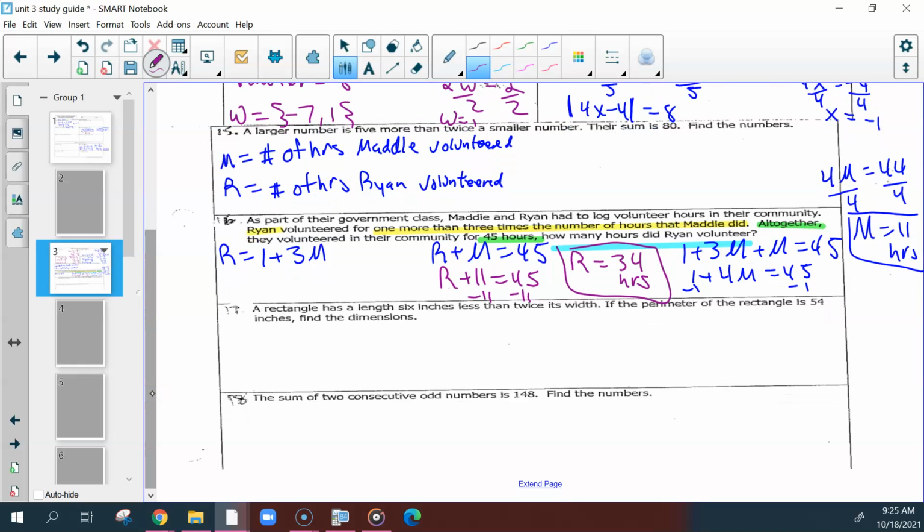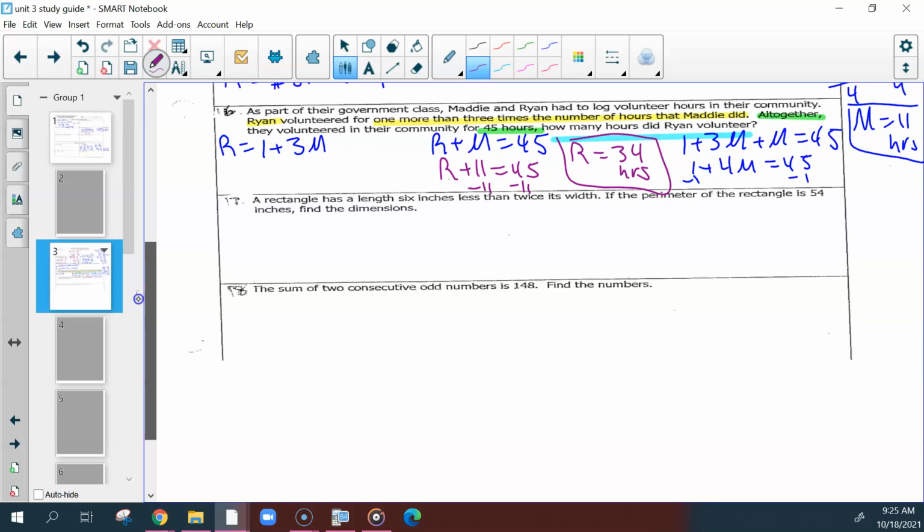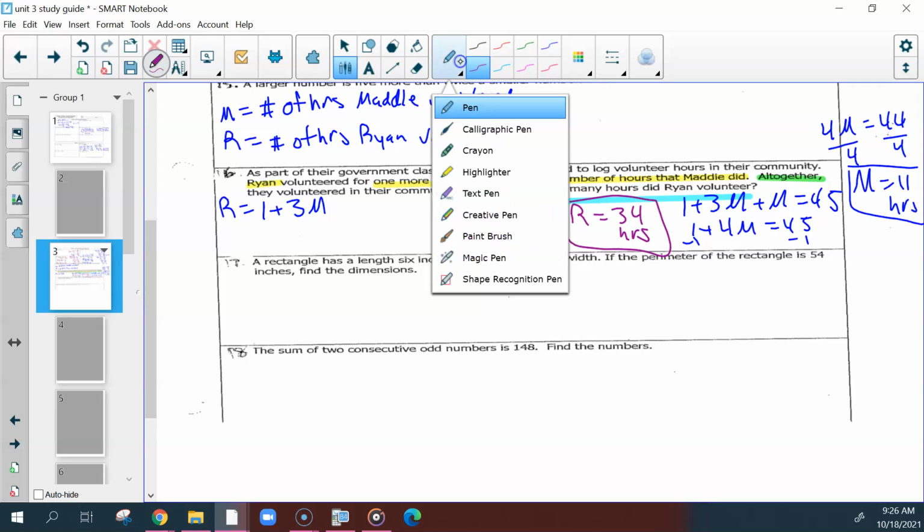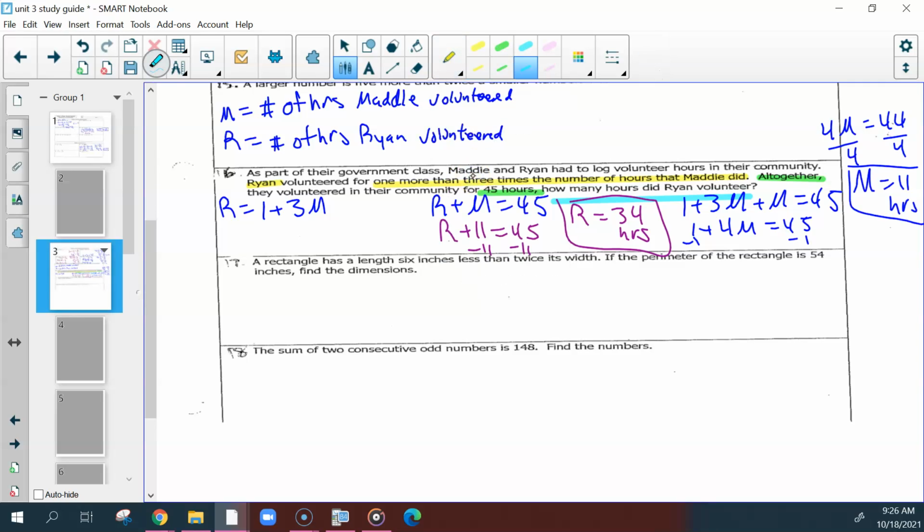And then number 17, remember the setup is kind of similar. We don't have to define our variables because it's just going to be L and W. A rectangle has a length of 6 inches less than twice its width. The perimeter is 54 inches.